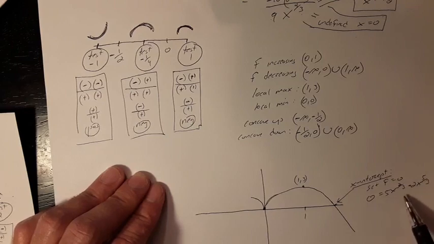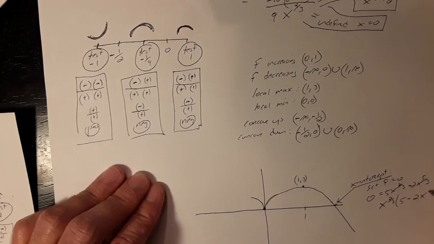And this wouldn't be too hard. You'd factor out the x to the 2/3, and you'd have a 5 minus 2x to the 3/3, because the 3/3 would add with the 2/3 to make this x to the 5/3.